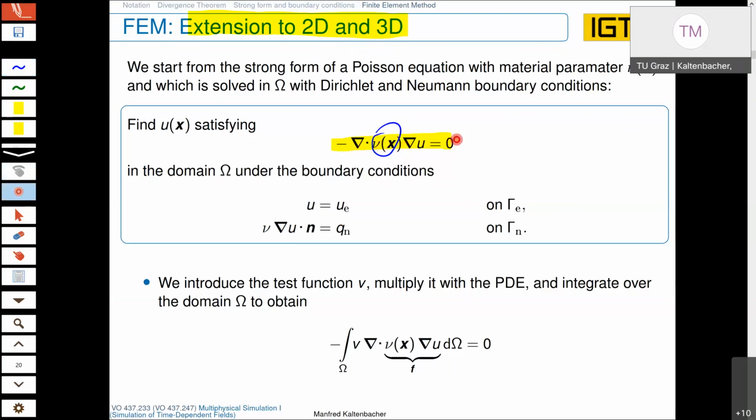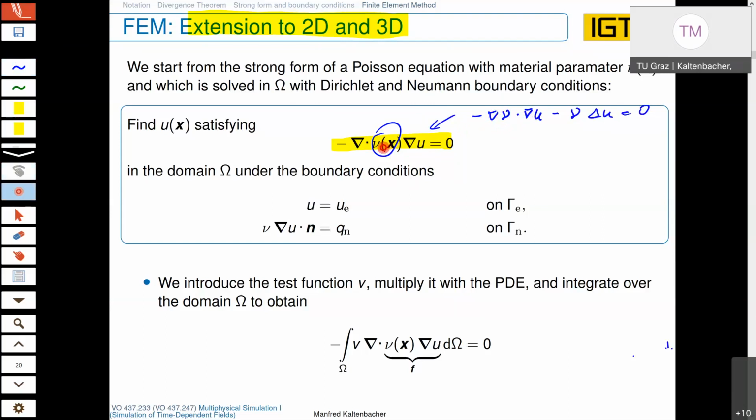However, in the strong form as written here, it is not so easy because you could rewrite this as minus the gradient of mu dot product with the gradient of u, minus the material parameter times the Laplacian of u, equals 0. Now you see, in the strong form, you have to take a derivative of your material parameter.